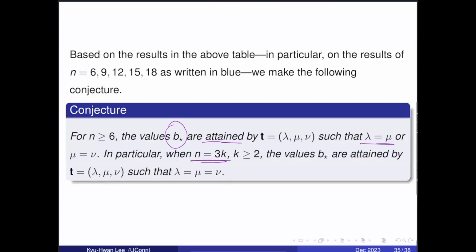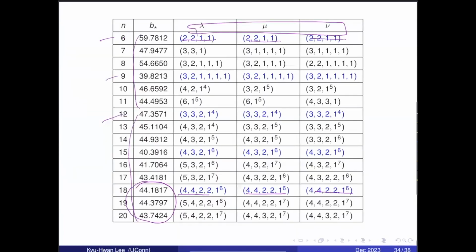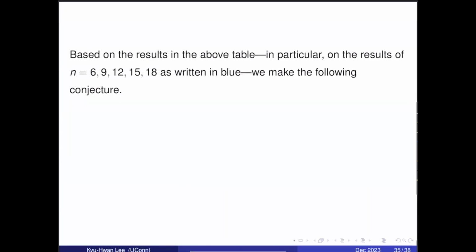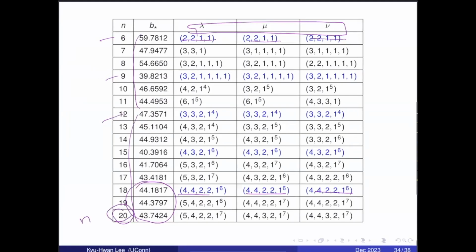In particular, when n is a multiple of 3, all 3 partitions are the same. So you can make this conjecture based on this table. We could compute up to n equal to 20.